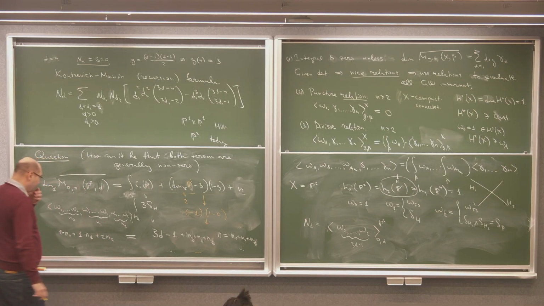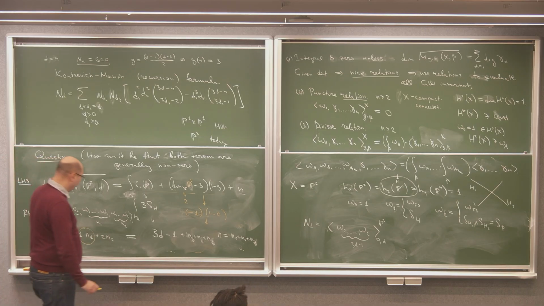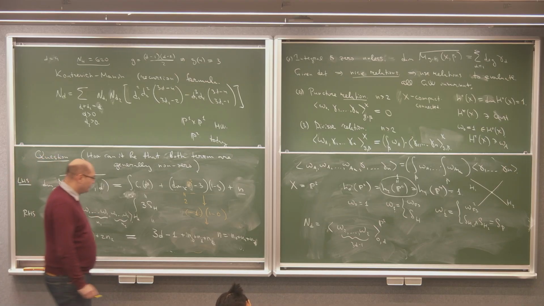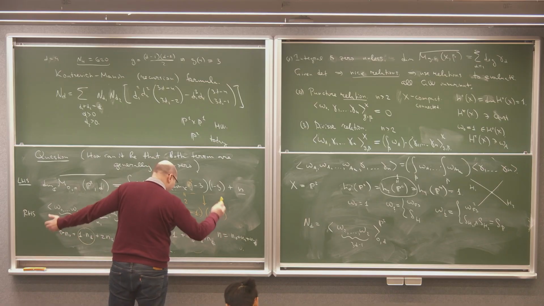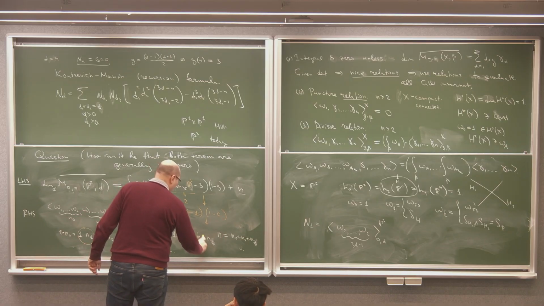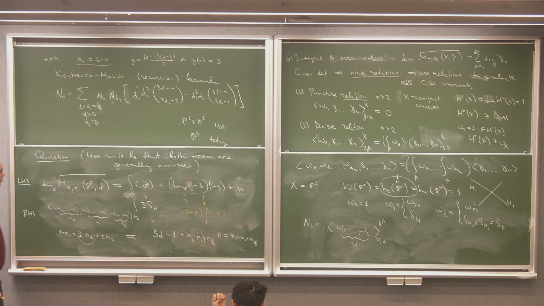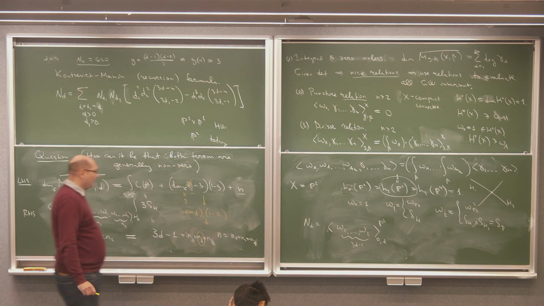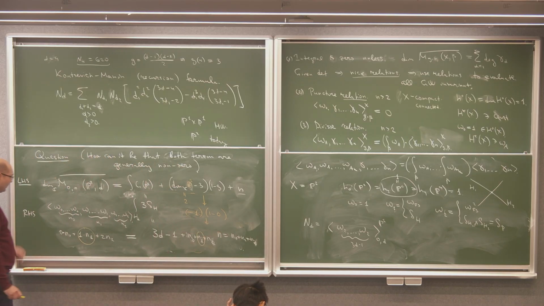Now we can observe the following property: if you look at the n1 dependence, n1 comes with a factor of 1, which is half of the real degree. And on the other side, we also have n1 coming with a factor 1, because n was the sum of n0, n1, and n2.